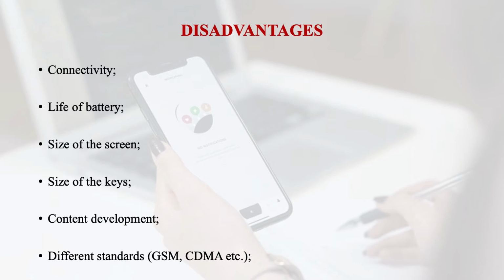Another problem is that there were different standards in mobile communications earlier. One is GSM, then we have CDMA and many other possibilities. Every possibility has its own limitations. So even they impact the connectivity and they ultimately impact the learning.